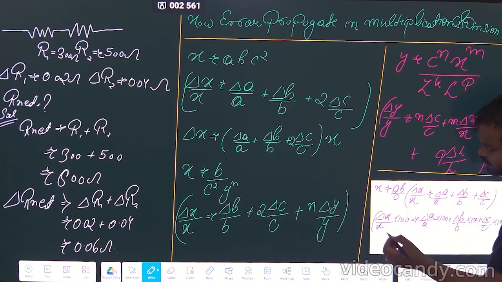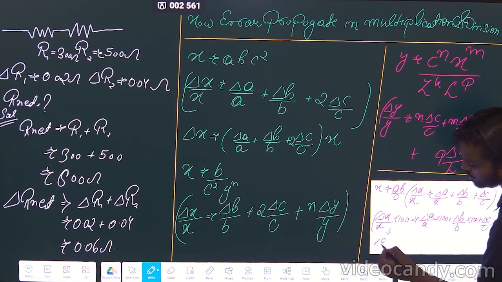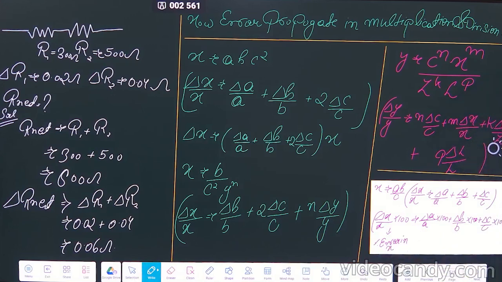Now just tell me, what does this mean? This is percentage error in x, yes or no? This is percentage error in a, this is percentage error in b, and this is percentage error in c.